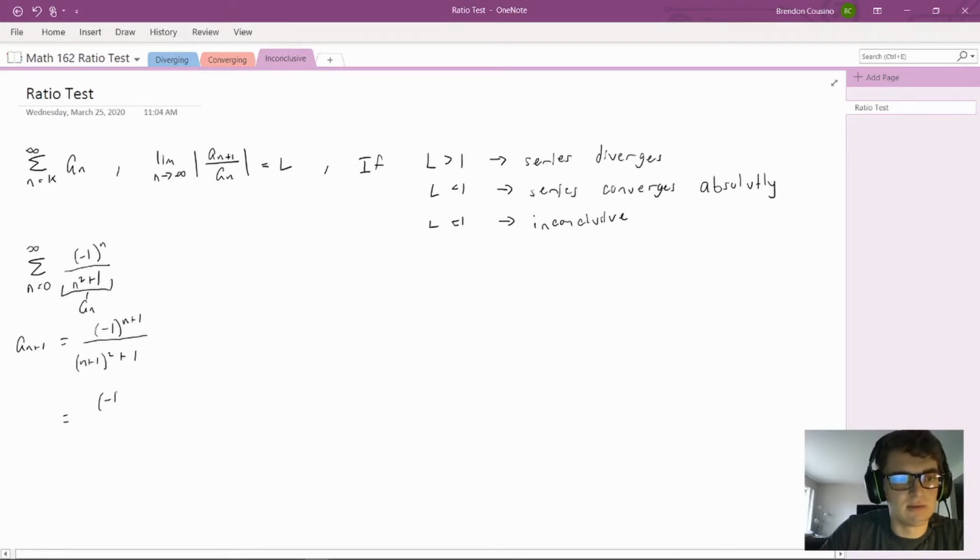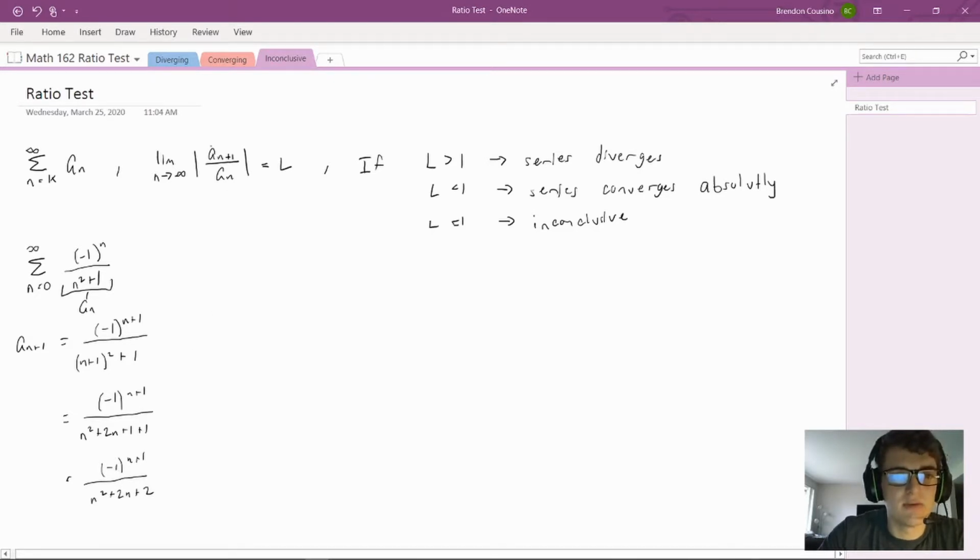So we leave it as negative 1 to the n plus 1 divided by, and let's FOIL this out. We end up with n squared plus 2n plus 1 plus 1, so negative 1 to the n plus 1 all over n squared plus 2n plus 2. Okay, so that's our a of n plus 1 term.